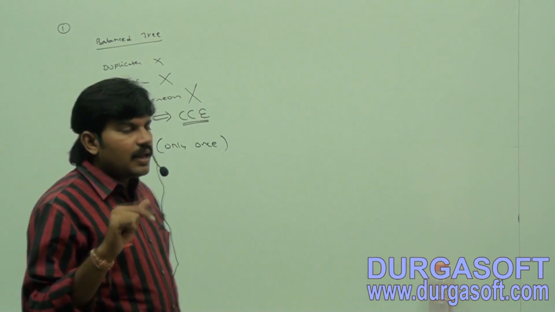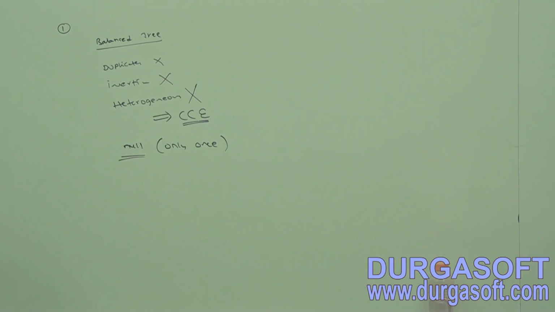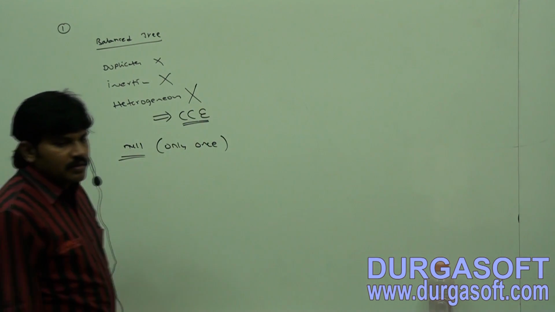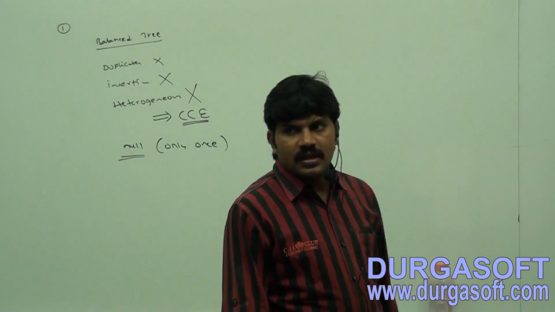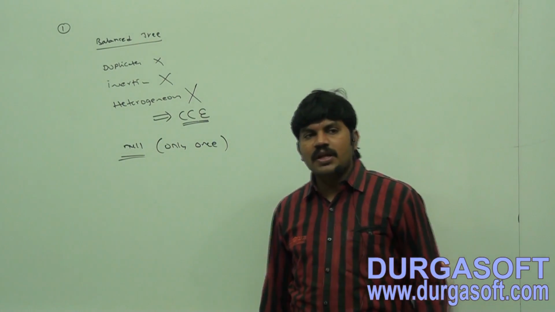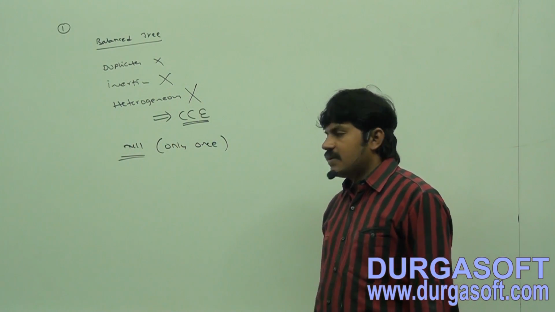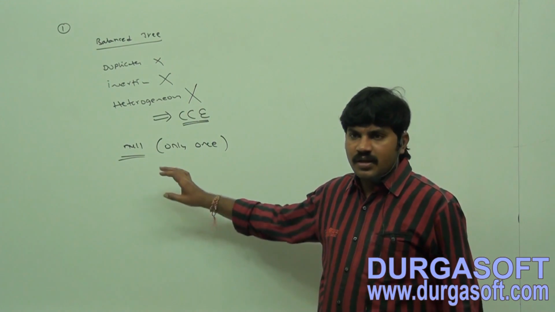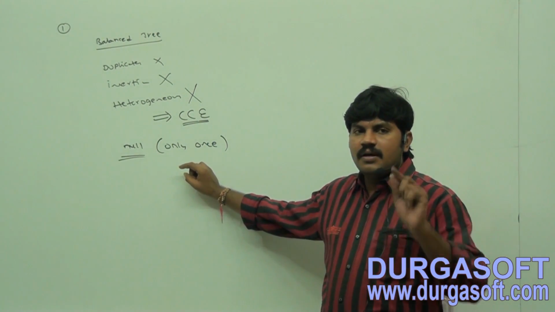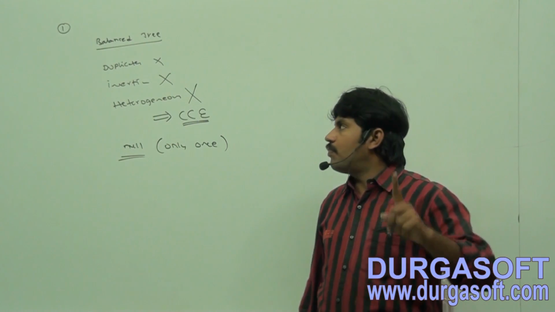Next, null insertion possible or not? Null insertion is possible, within brackets, only once. Clear, right?